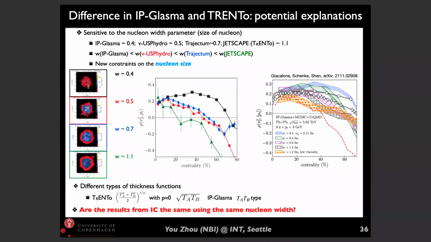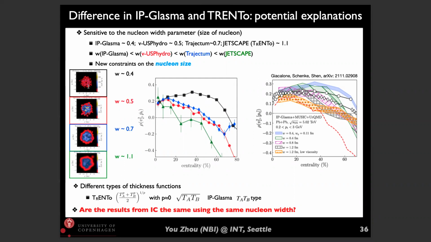But then coming back to the model calculation, we were able to understand what's going on. Back in 2011, we had quite some discussion with Jorge. And it turns out that the width of the nucleon matters a lot. For most of these initial state calculations, we presented this one from TRENTo, this is from JETSCAPE, this is from VISH hydro, I don't remember which one, and then there's the IP-Glasma calculation.